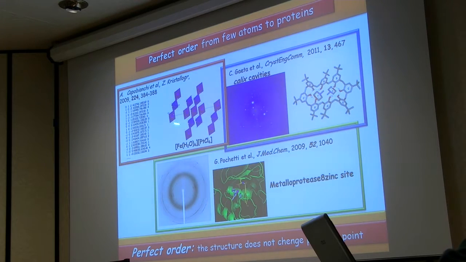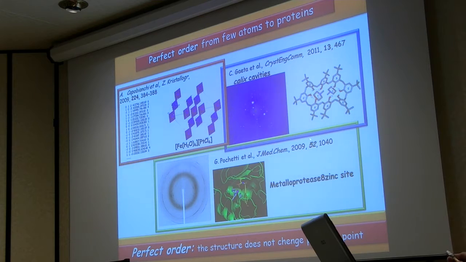This is done for all structures, from a few atoms in the unit cell, through macromolecules with hundreds of atoms, up to proteins with thousands and thousands of atoms in the unit cell. In all these cases, the procedure is quite automatic.